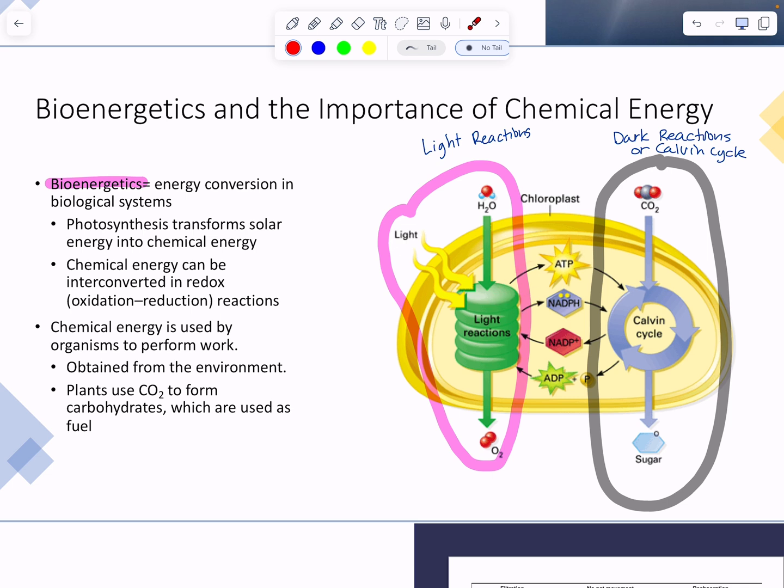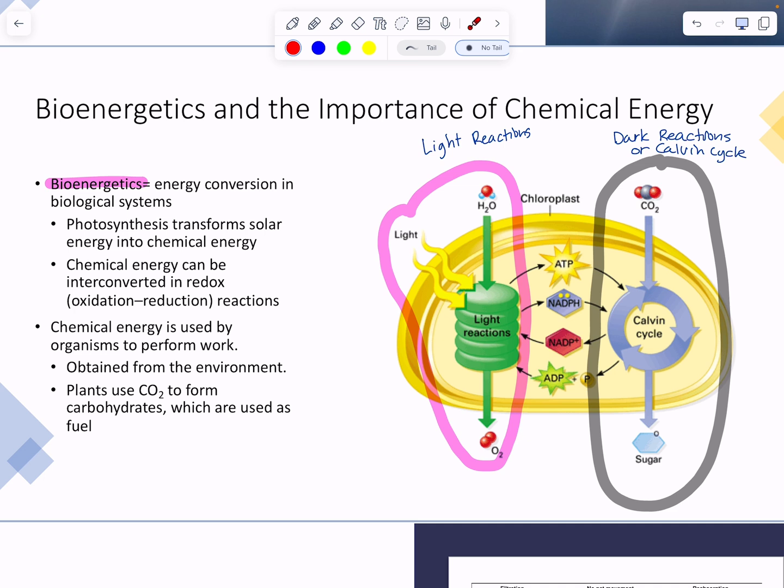And then the part of your plants that's going to take in CO2 is using the products of the light reactions to make carbohydrates. So the sugars that the plant cell uses as food, that animals and organisms that consume the plants are going to be taking in.